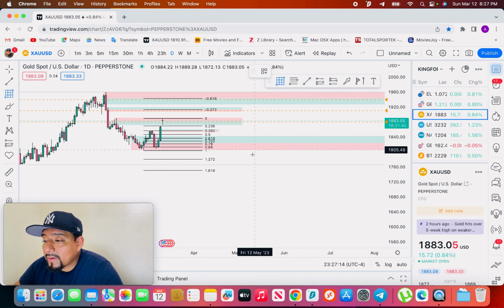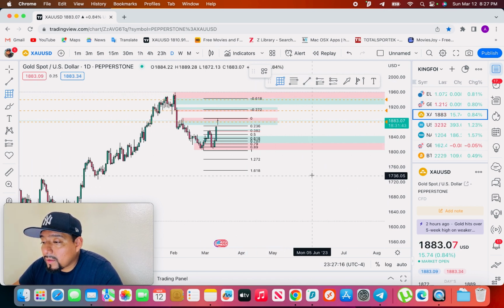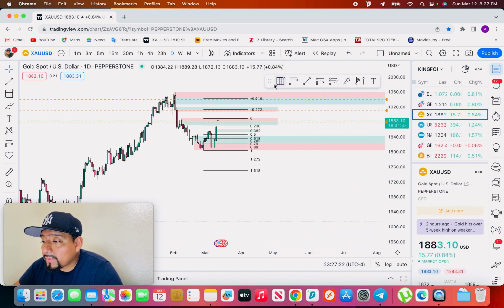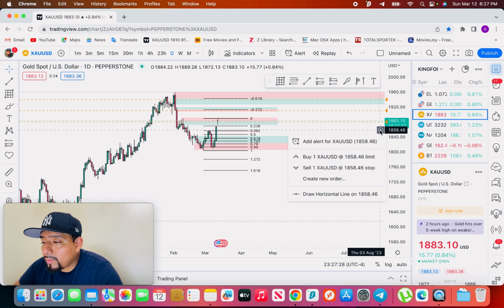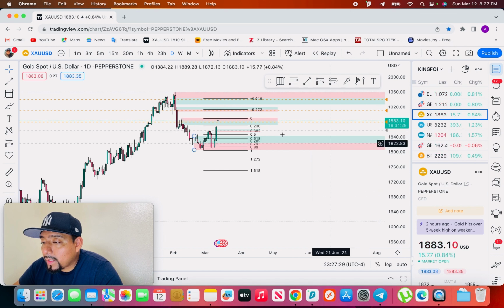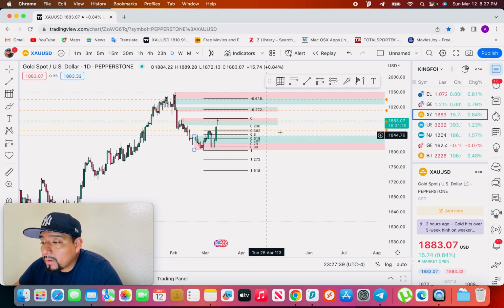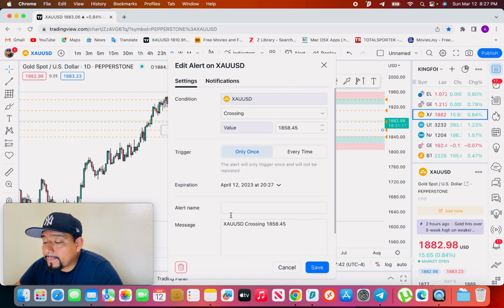So let me go ahead and mark these charts up right now. Boom. Add an alert. Boom. Add an alert. So let's go ahead and edit it.